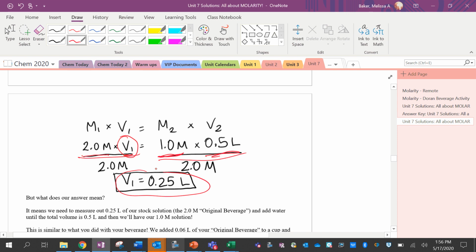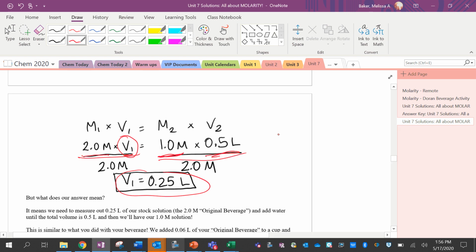Well, what does that really mean? That means that if we want to make this weaker solution, we need to take 0.25 liters of the original beverage and add water until the total volume is 0.5 liters, and then we'll have our 1 molar solution.